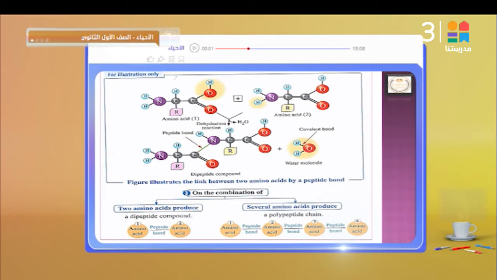The number of free carboxyl groups is one, and the number of free amino groups is called free one.